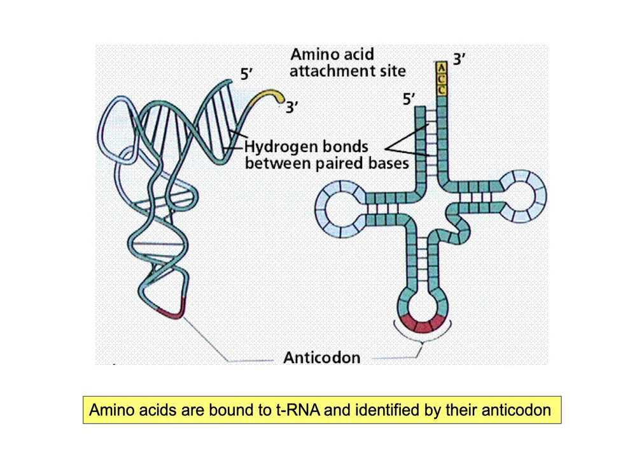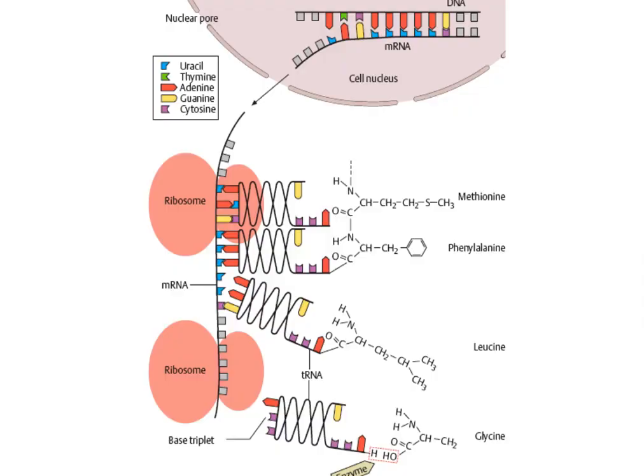And each tRNA will have a specific amino acid, only one amino acid. That amino acid will look for its codon, and the anticodon is going to attach to it, and then we have the sequence of amino acids in the order that we need them to be.